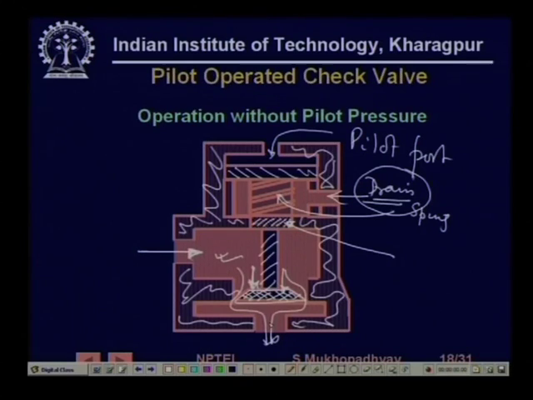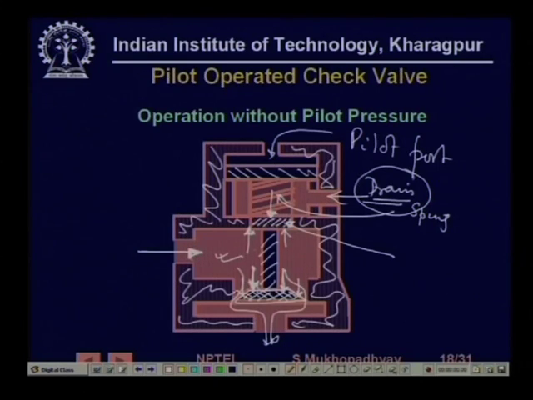On the other hand, if the pressure becomes too much here, then the force is also here. If you see the free body diagram, the spring force is here and the pressure forces are here also.